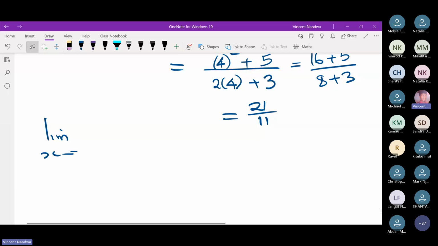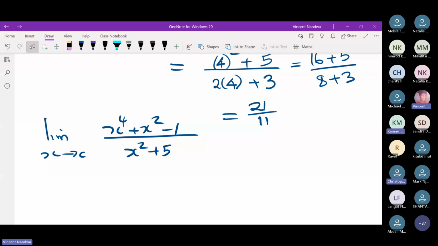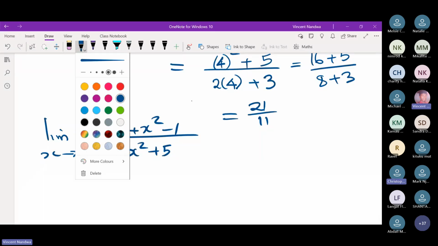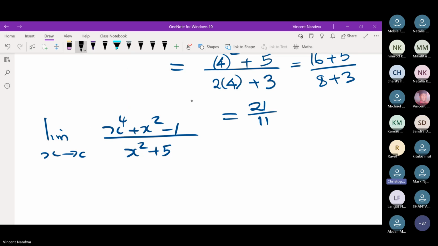Then E, we have the limit as x approaches c of x to the power 4 plus x squared minus 1 divided by x squared plus 5. Which rule are we supposed to apply from the start? Quotient rule, because it's a division of two functions.